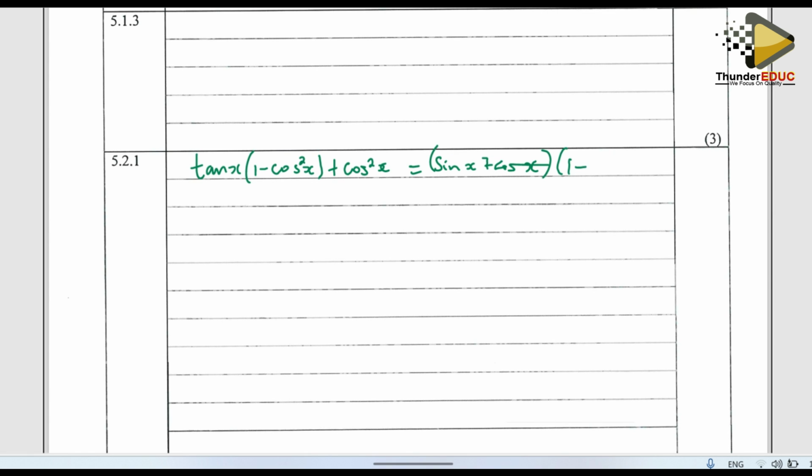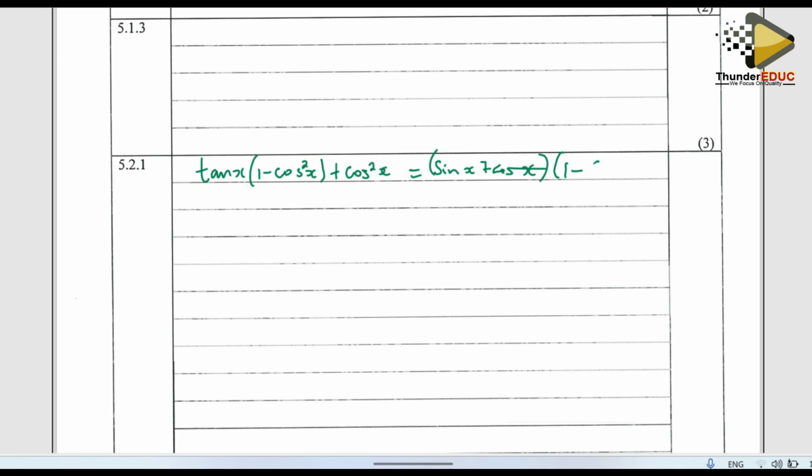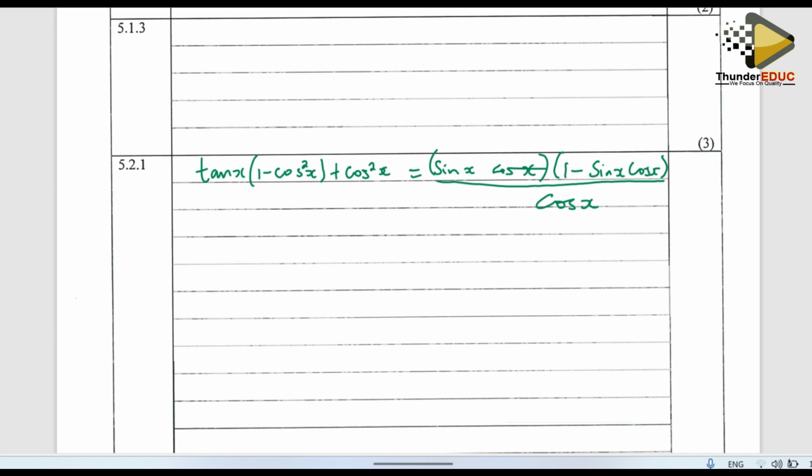So we have the tan of x into 1 minus cos squared x plus cos squared x is equal to the sine of x plus the cos of x, all over cos x. Okay, so this is how our question is.